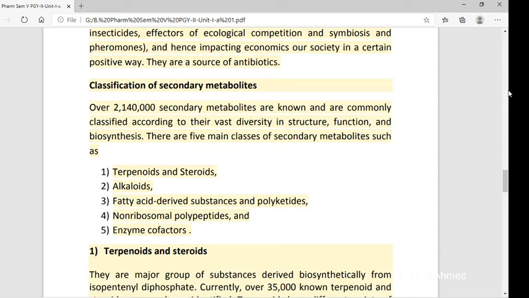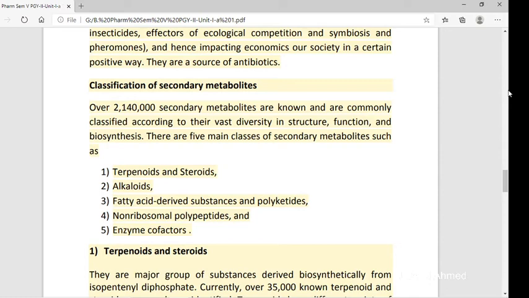In this classification, over 21,40,000 secondary metabolites are known. These are commonly classified according to their vast diversity in structure, their function and their biosynthesis also.